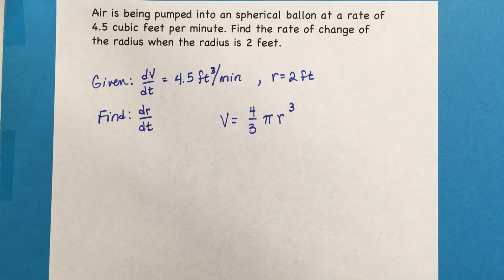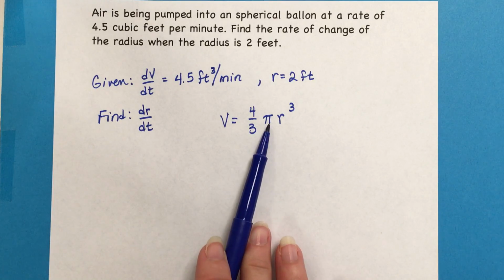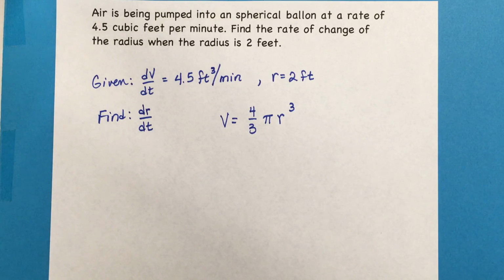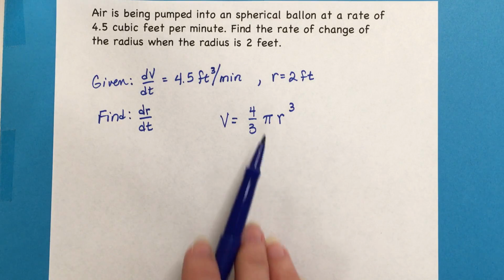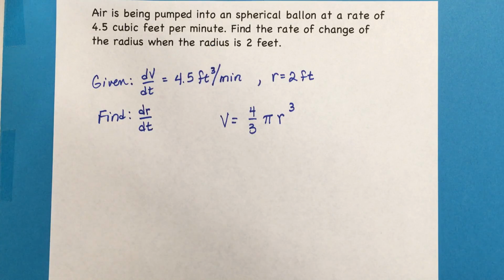I mentioned a while ago that sometimes you can plug information in, and I'll get to an example a little bit later so I can compare it better. But the radius is something that's changing.